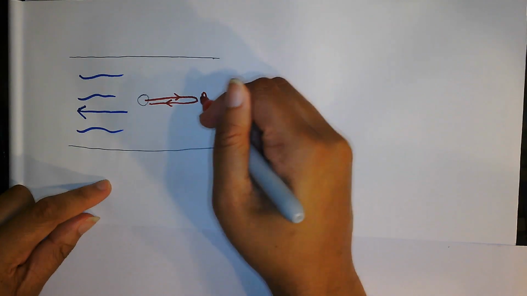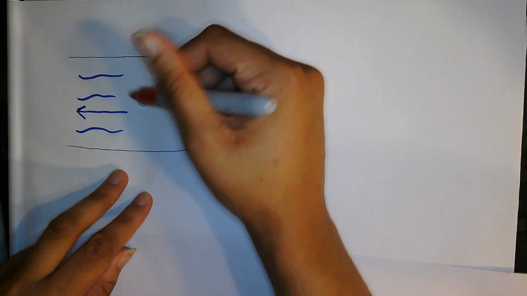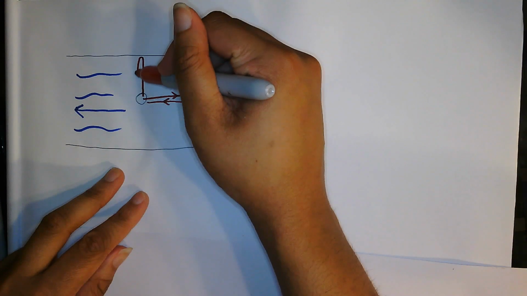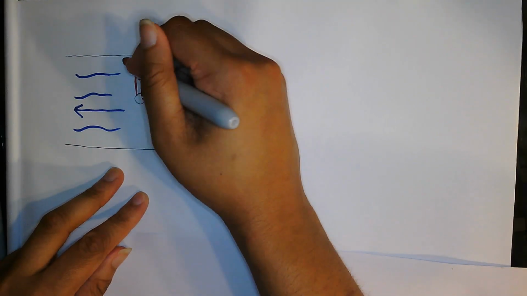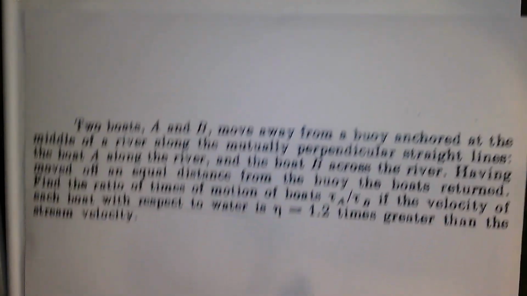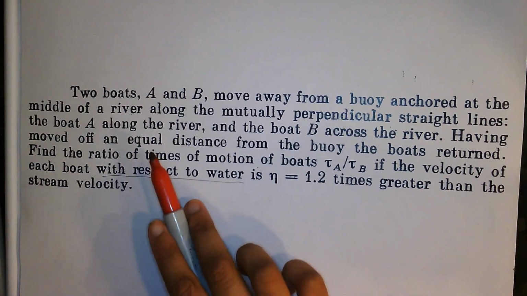So this is for boat A, and similarly boat B is going to move across the river. So again, it's going to start off at the buoy and it's going to move a certain distance and then it's going to return. So that's forward journey and its reverse journey. And that's for boat B. And the question also tells us that the distance moved off by each boat is equal.